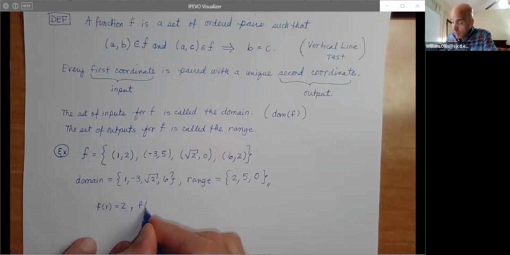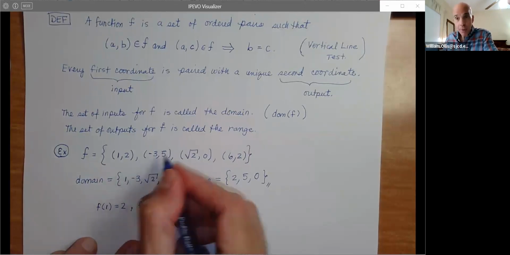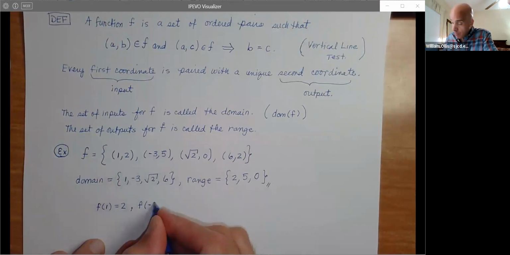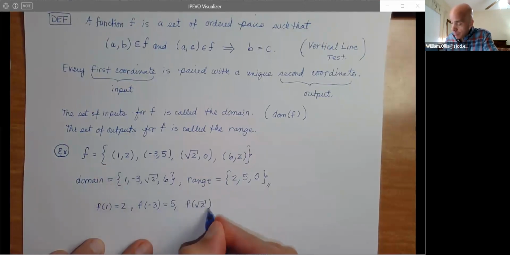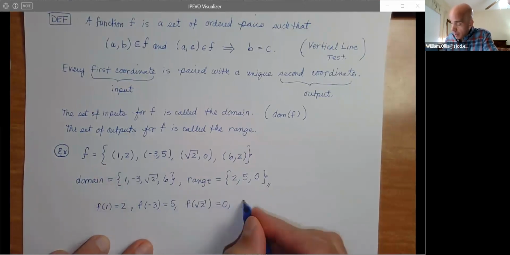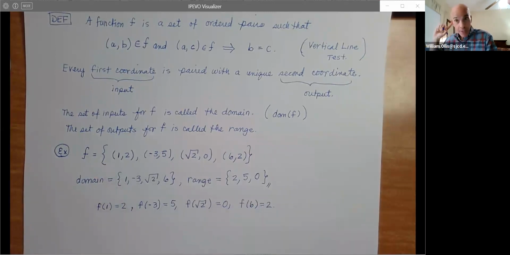And if you have a formula, you can evaluate the function. Here, we know what the outputs are because they're given to us. f of -3 equals 5. f of the square root of 2 equals 0. And f of 6 equals 2. So this is what we call the function notation.